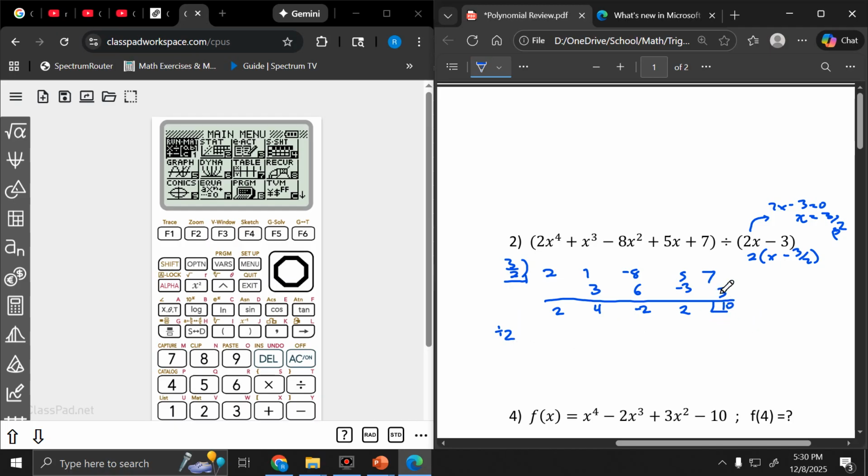It's kind of isolated, so it is going to be over this 2x minus 3. So this 2 is already going to be included, but this 2 that we factored out is not. So I'm going to divide all of these by 2, and that gives me x cubed plus 2x squared, this will be minus, and then this would be plus 1, then plus 10. We don't divide that 10 because we have the 2 right here in our denominator.